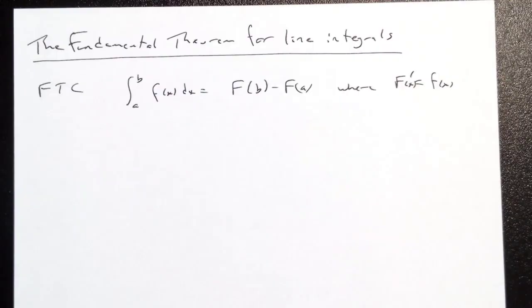And I can evaluate the antiderivative at the end point and start point, A and B, of my interval, right? So to figure out the integral, I just need to do an antiderivative. And I need to plug in the place I start and the place I end and subtract. I want to do this idea for a line integral.